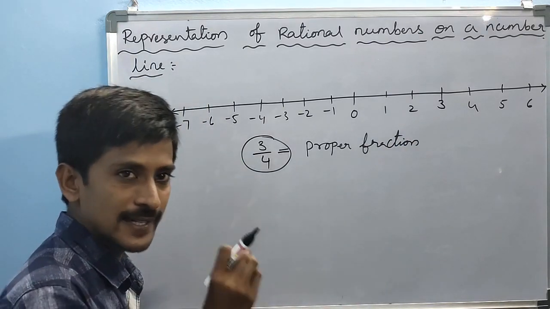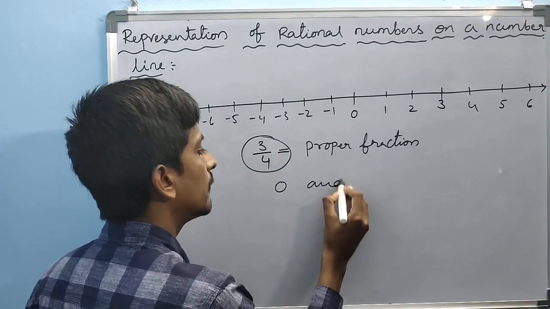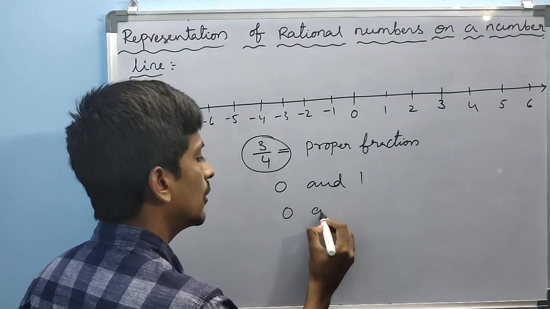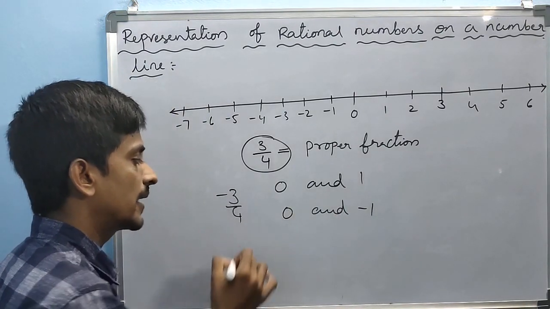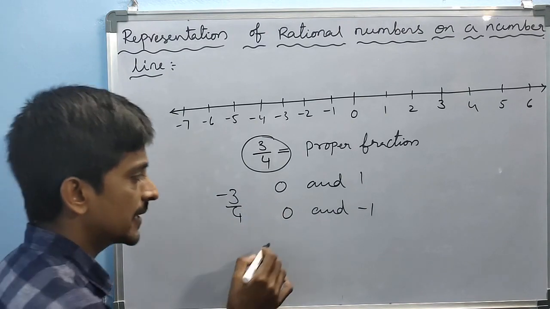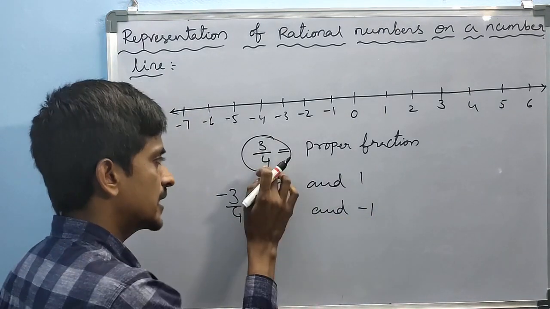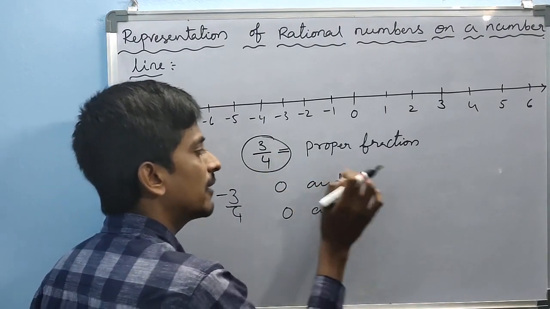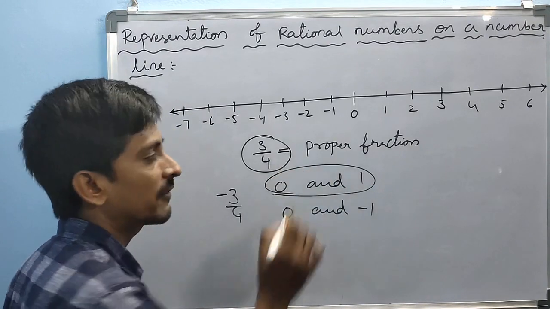Every proper fraction is in between 0 and 1 or 0 and minus 1. If it is a negative rational number, it is in between 0 and minus 1. If it is a positive number, it is between 0 and 1.